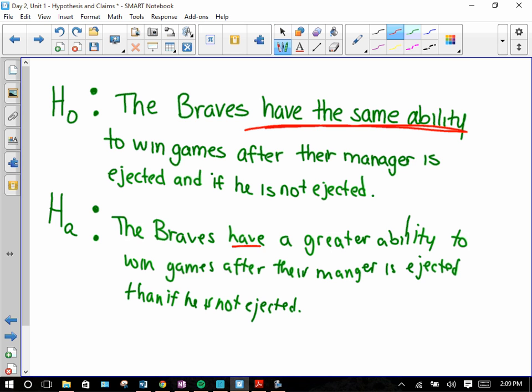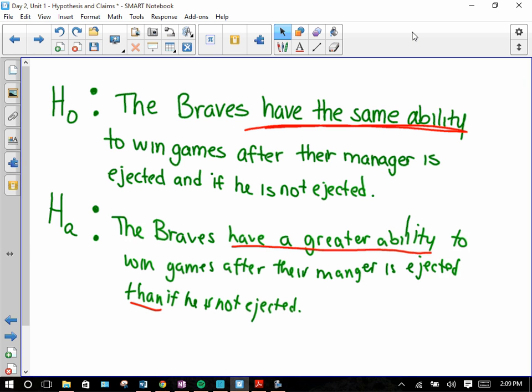Notice having greater ability, and really the only other difference is I put "than" instead of "and." Everything else pretty much remains the same. And that's how you write null hypothesis and alternative hypothesis.